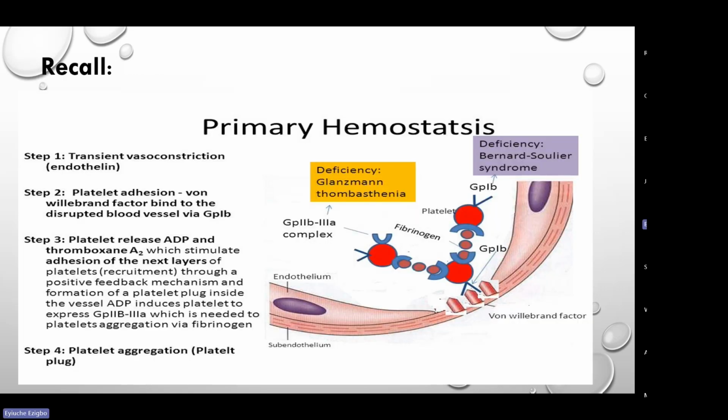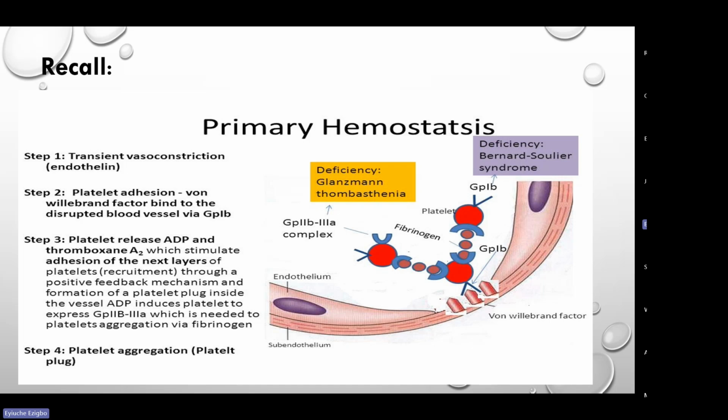So primary hemostasis, you have to remember and ask yourself, what is primary hemostasis? What happens during the process of primary hemostasis? Those 4 steps, or however many steps we outlined: platelet adhesion, release of vessel contents, adhering to subendothelial cell.